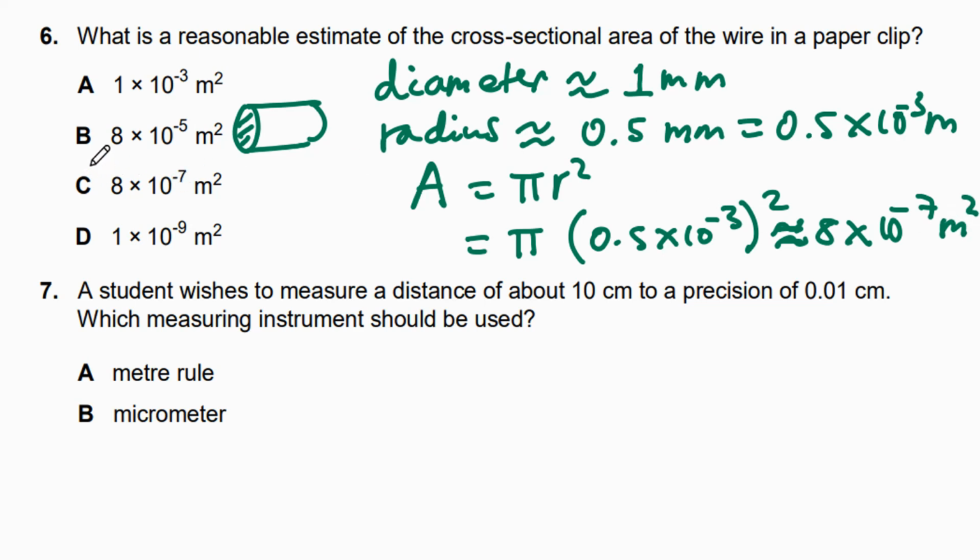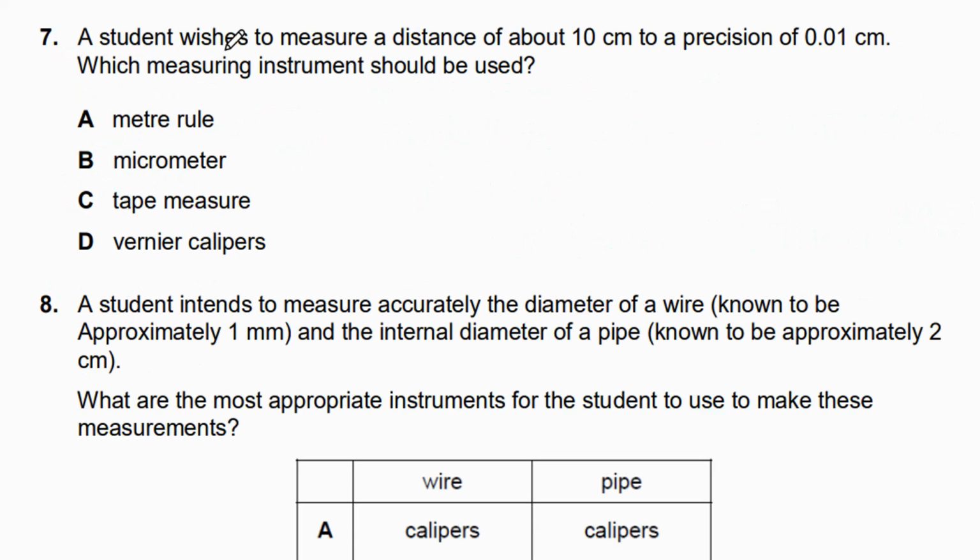And then of course the answer is C. Then in question 7 it says, a student wishes to measure a distance of about 10 centimeters to a precision of 0.01 centimeter. In other words, a precision of 1/100th of a centimeter. Which measuring instrument should be used?